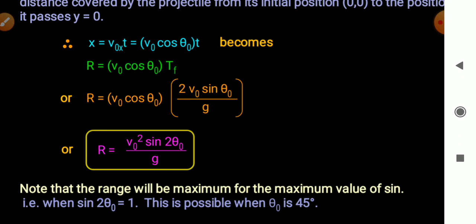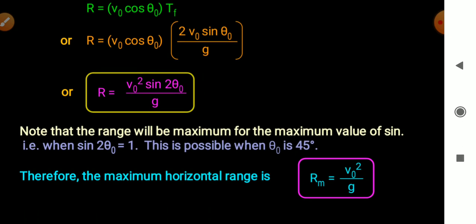When the object is projected at an angle 45 degree with the ground, the range will be maximum, right? So maximum range is given by R maximum equal to v naught square upon g, since for theta equal to 45, sin 90 is 1.